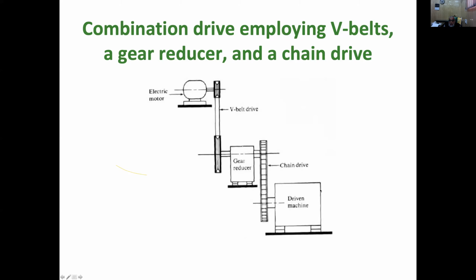The function may be a pump, it may be a conveyor, it may be something else. So the function is performed at this point, while this is the input power, and these are the drives which are used for performing the functions.